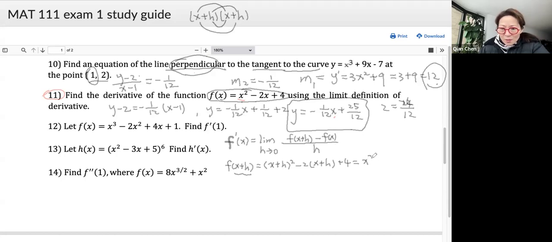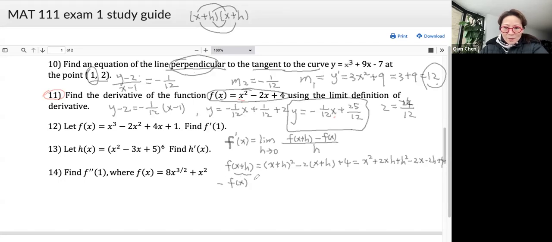So I get x squared plus 2xh plus h squared, then minus 2x minus 2h plus 4, right? I multiply -2 with x and -2 with h. Now that's f of x plus h.